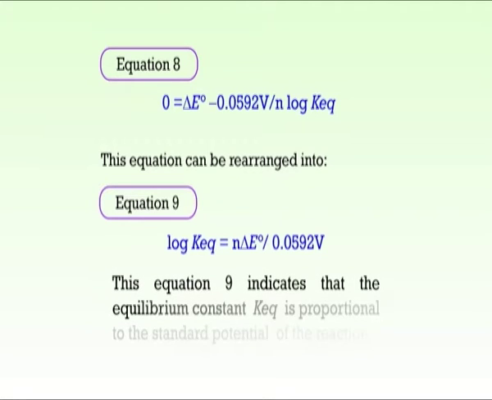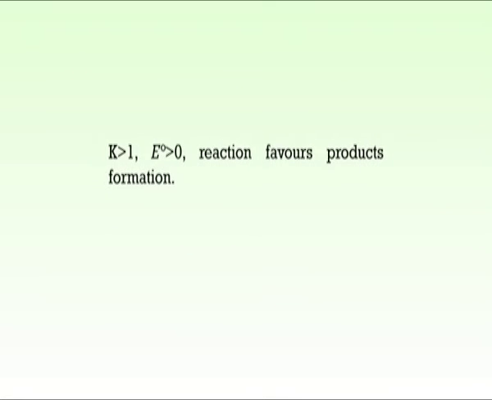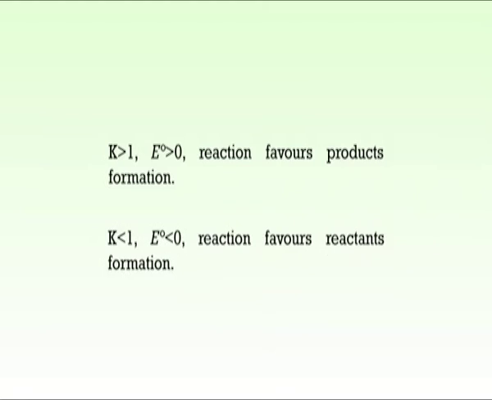So this equation indicates that equilibrium constant Keq is proportional to the standard potential of the reaction. Specifically, when K is greater than 1 and E naught is greater than 0, reaction favors products formation. And when K is less than 1 and E naught is also less than 0, reaction favors reactants formation.